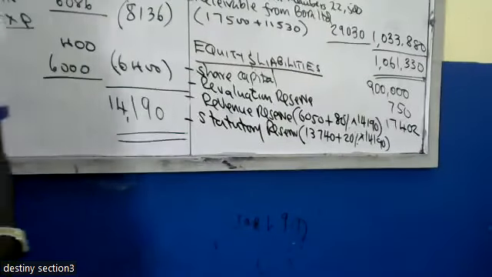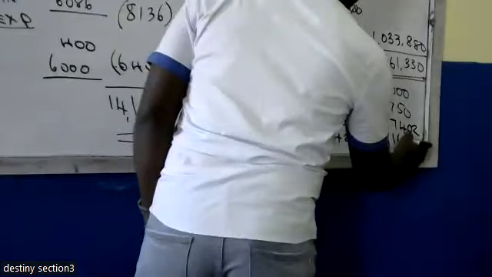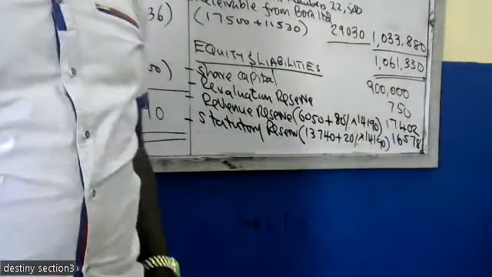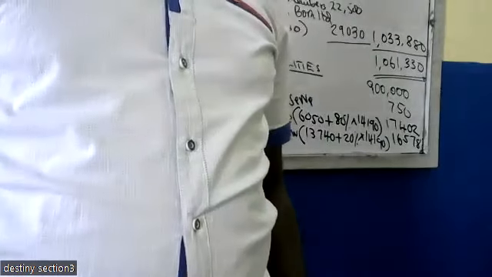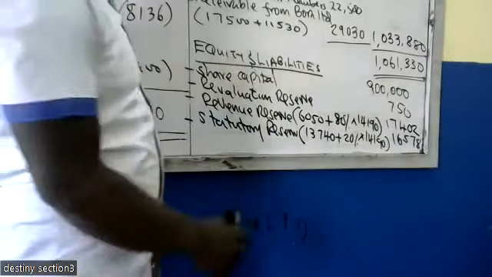How much do you get? 16,578. I hope that is in order. And there is nothing remaining. Those are the equity components we have.